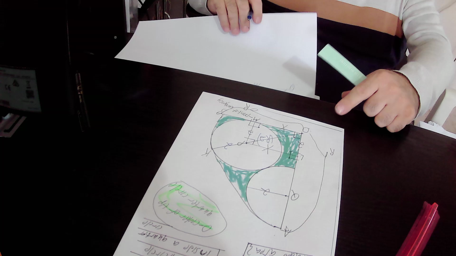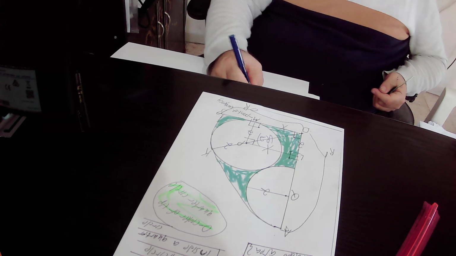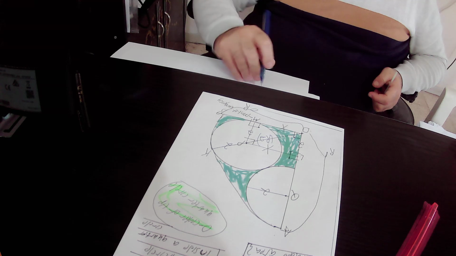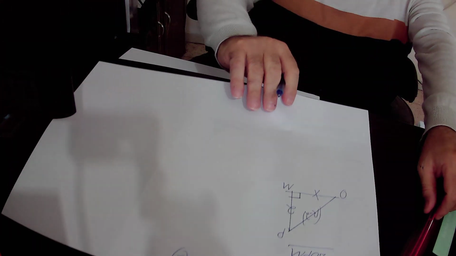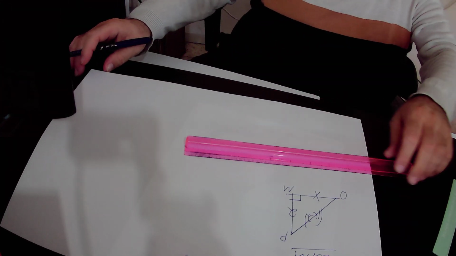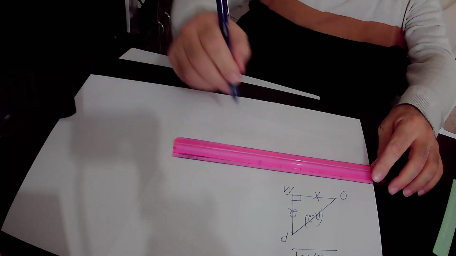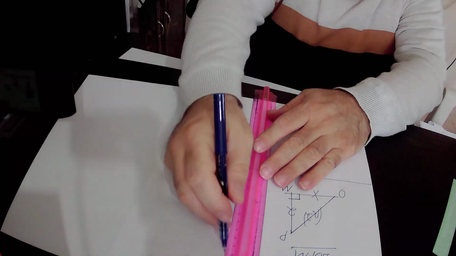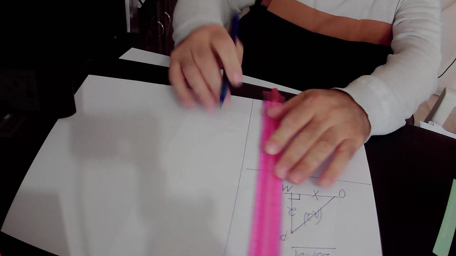OM equals X. And PM is the radius of the circle that is equal to 2 units. So I copied the right triangle OPM in this new page. Next step, we will implement the Pythagoras theorem on this right triangle OPM.